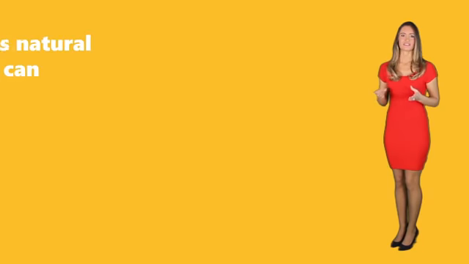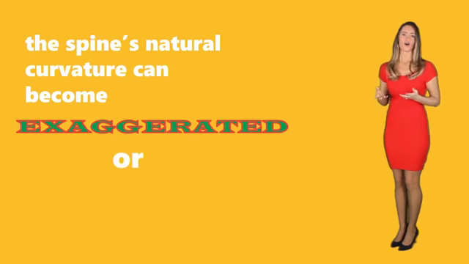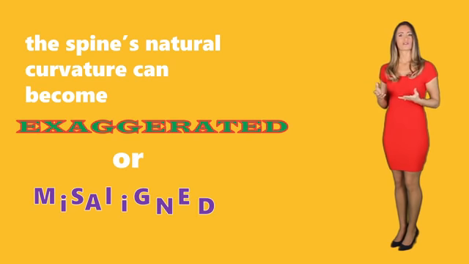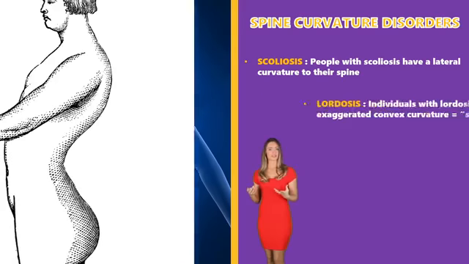In some cases, the spine's natural curvature becomes exaggerated or misaligned, forming curvature abnormalities like the following, like scoliosis. People who have scoliosis have a lateral curvature to their spine. Lordosis.